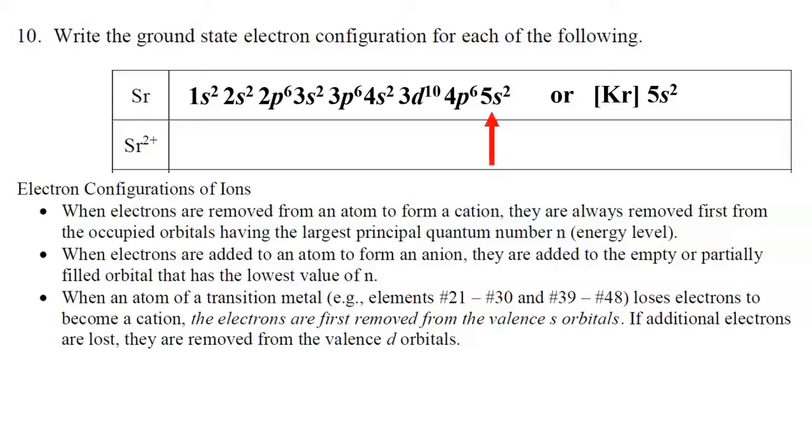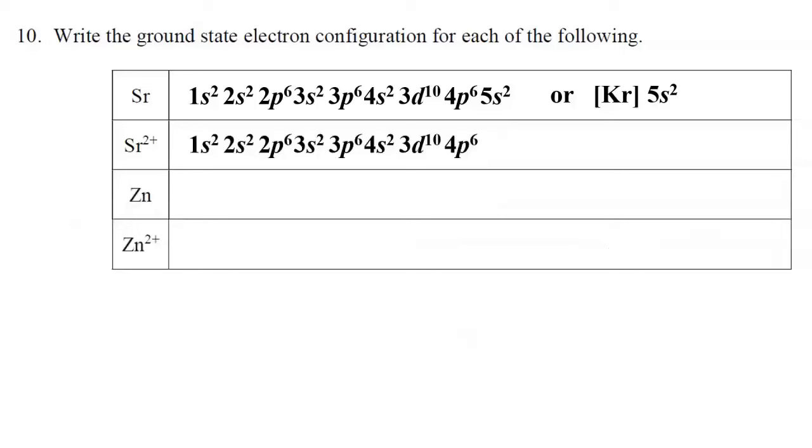So they go away, and now we're left with everything that krypton has. But we can't just write krypton in brackets as our answer. So we have to go back to the previous noble gas, which would be argon. Argon would be 18 electrons plus 4s2, 3d10, 4p6. That would be the electron configuration in the shortened form. Again, this is strontium 2+, which has a total of 36 electrons.